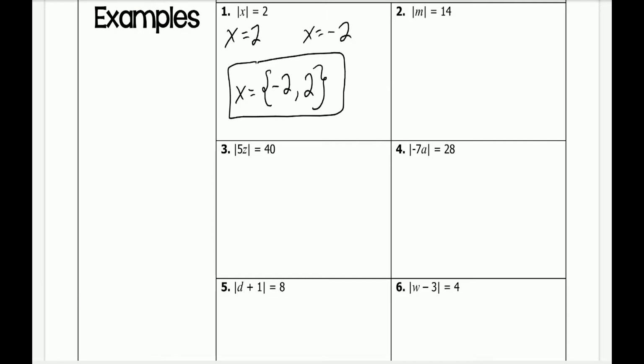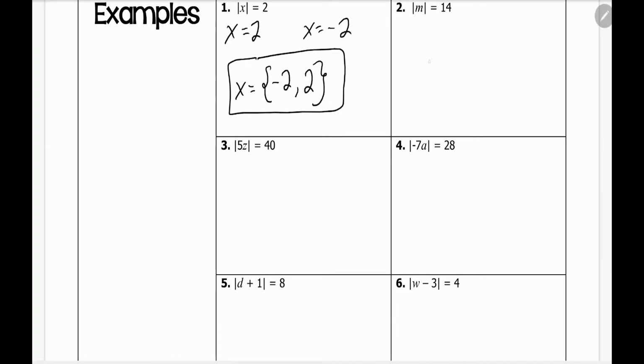So let's take another look at number 2. We have the absolute value of m is equal to 14. Following our steps, we have to make sure the absolute value expression is isolated. It is. We take the inside of the absolute value, so m. We have m is equal to. We go to the other side of the equal sign. It's 14.